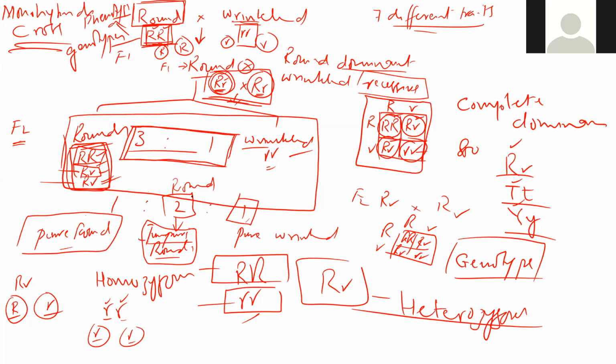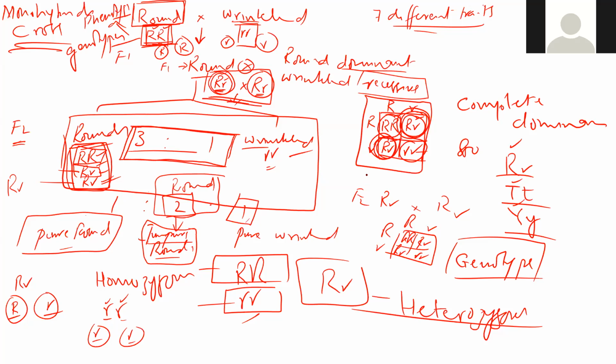But sir, my question is, what will its genotype be? How is it appearing in the phenotype? When we say impure round, that means this one. These two, this one and these ones, are going to be impure. Exactly, those are impure.